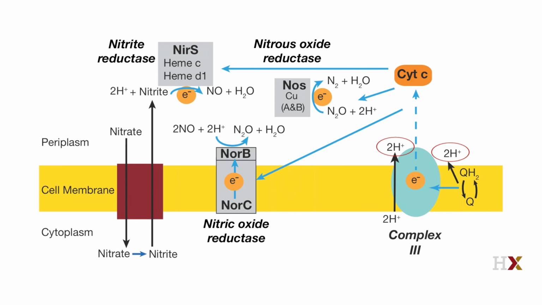Once again, this transport of protons will contribute to the establishment of a proton gradient across the membrane. While some protons are consumed in the periplasm, there is an overall buildup of a proton gradient across the membrane. This proton gradient, as we will discuss later in this course, will be coupled with the synthesis of ATP.